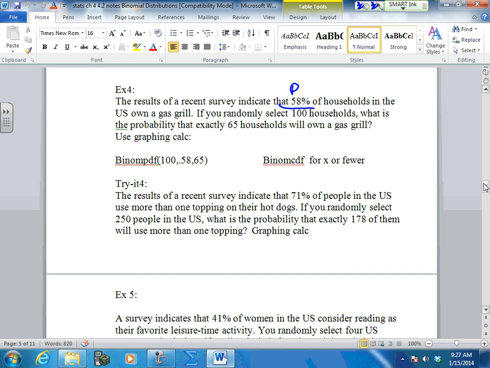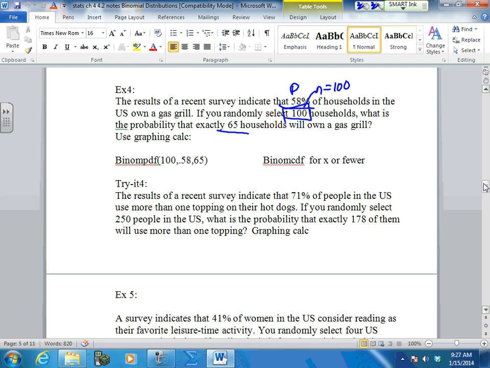Now I randomly select 100 people and I ask them, N, do you own a gas grill? They either say yes or no. 2 choices. I want to know what is the probability that exactly 65 households will own a gas grill.